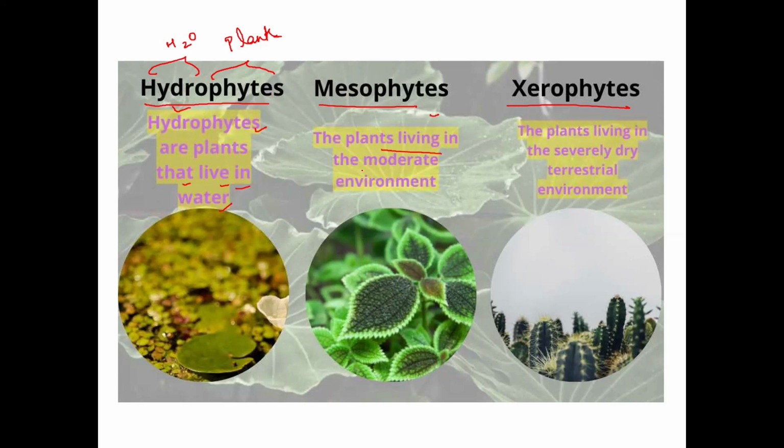Mesophytes are plants living in a moderate environment, not too dry, not too watery. And xerophytes are plants living in severely dry, terrestrial conditions. Look at the examples one by one.